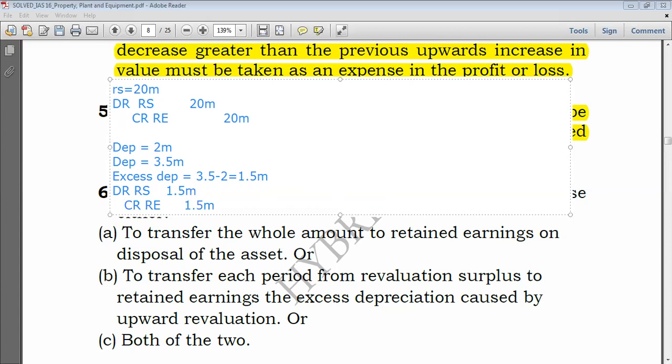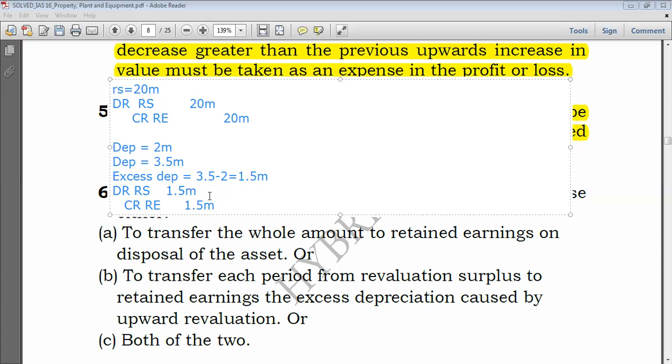It's very, very simple. Or you are told that you could use both of the two. By both of the two, what do I mean? The double entries are just like above, but there we took it all, while here we took it partially each year. You can use both of the two. Why can you use both? Let's say you are shifting the excess depreciation each year.